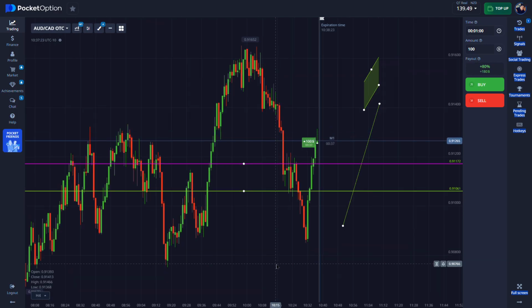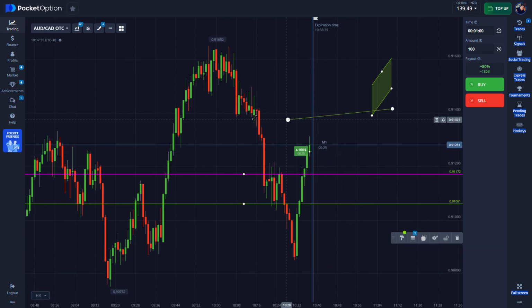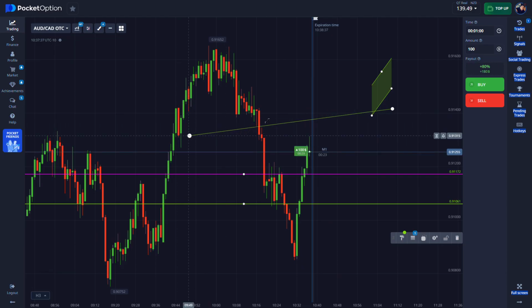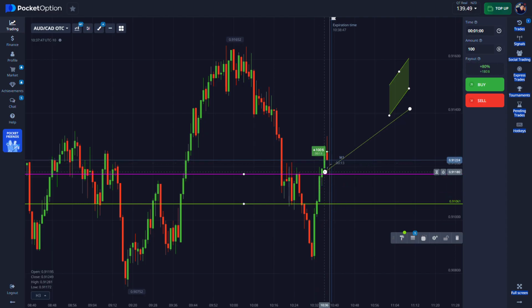It doesn't require a bit of skill though to do that. I'm looking at focusing on this area here. So I took that trade to the upside. Like I said before, a hammer's not going to stop this momentum from going up, if you know what I mean.